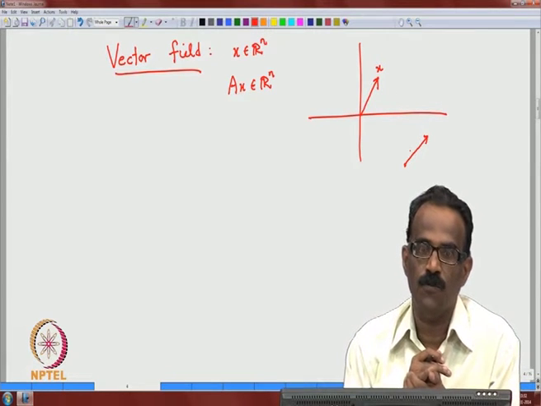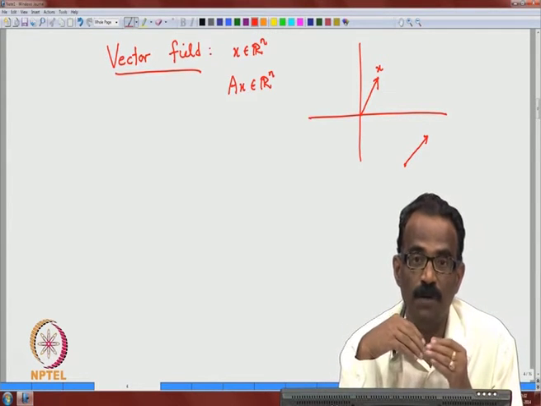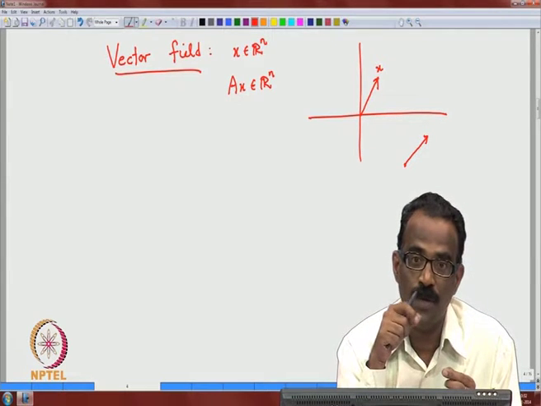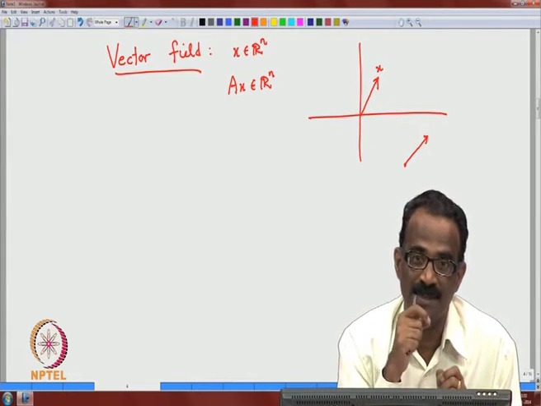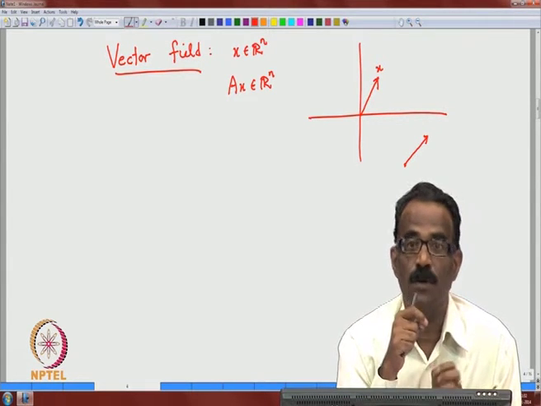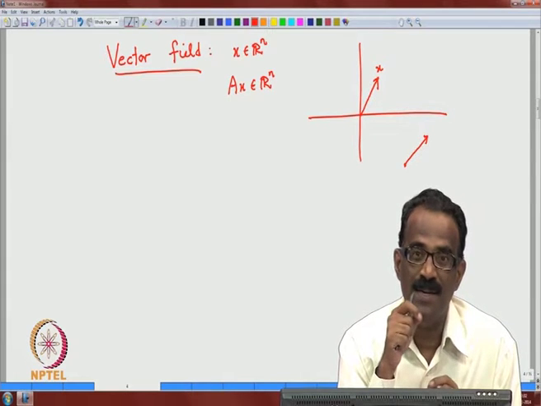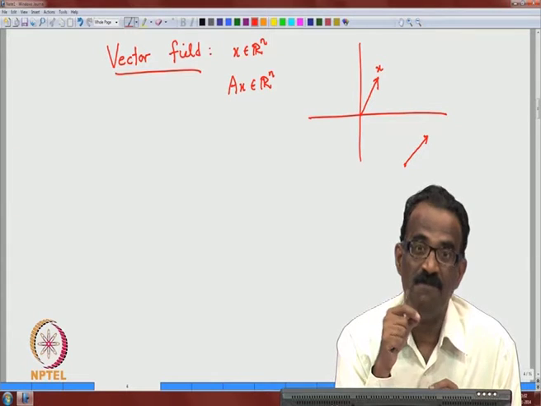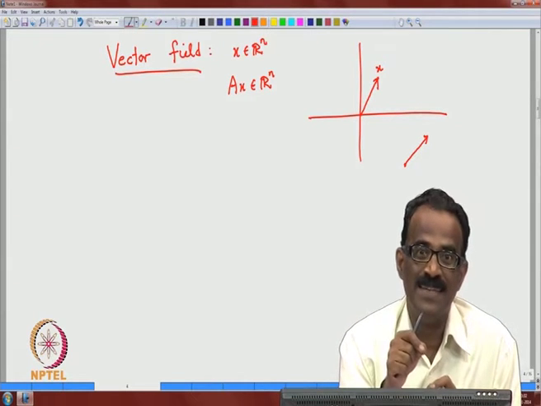So, for example, when you have a fluid flow of a particle, the position of the particle you would like to view as a point, but on the other hand the velocity at that point is also a point in Rn, but then it is better to view the velocity as a vector placed at that point.